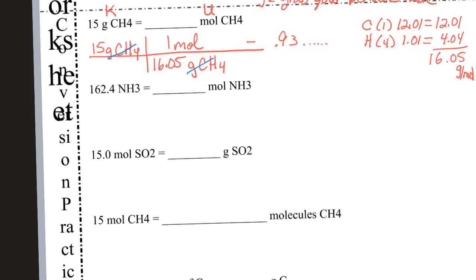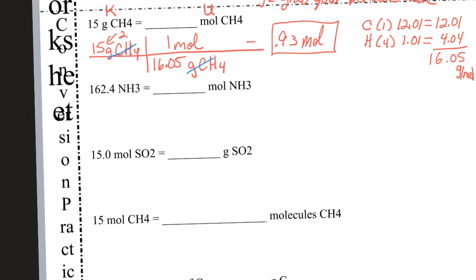We have to look to see our significant figures. 15 has 2 significant figures, so I need 2 significant figures in my answer, so I can erase all those. So my final answer is going to be 0.93 moles of CH4.